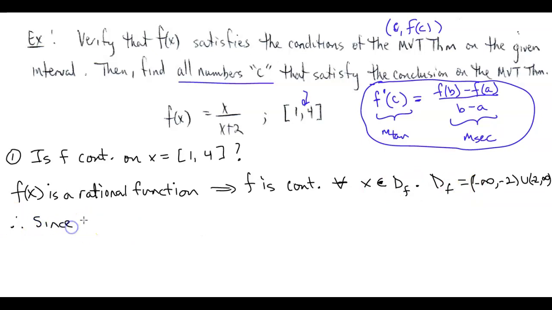So since -2 is not in the domain of f, because again, we see here -2 is not in the domain of f, then that implies that f is continuous. Oh, sorry. No. I'm supposed to say that -2 is not a member of this particular closed interval here.